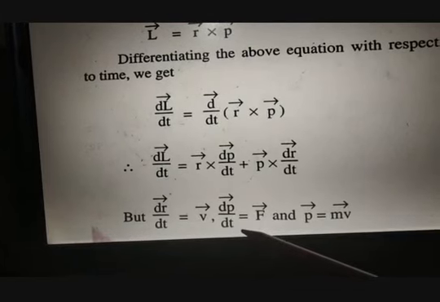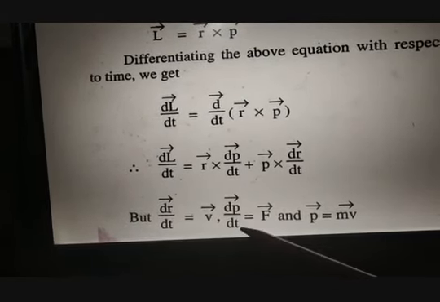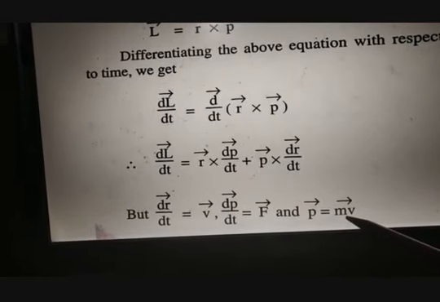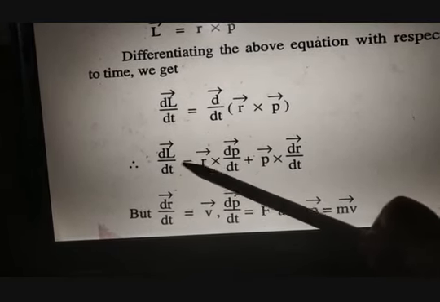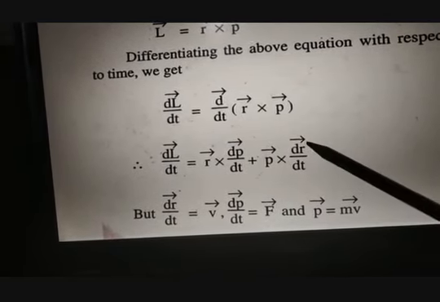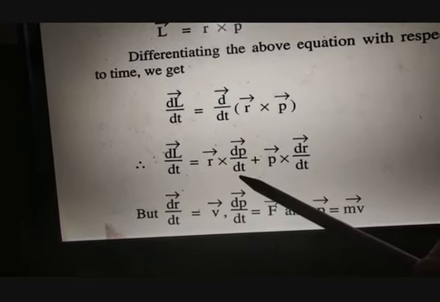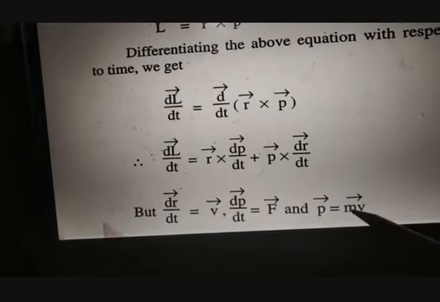According to Newton's second law, force is the rate of change of linear momentum with respect to time, and by definition of linear momentum, p is equal to mv. So we substitute all these terms: instead of dr by dt you substitute v, instead of dp by dt you substitute F, and instead of p you substitute mv.